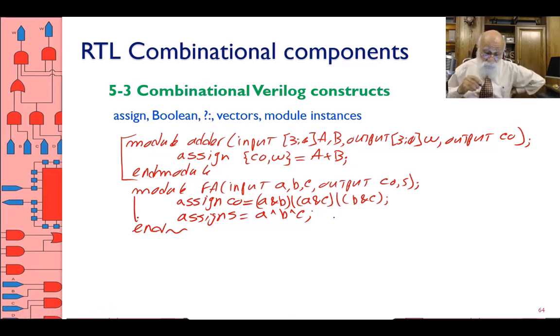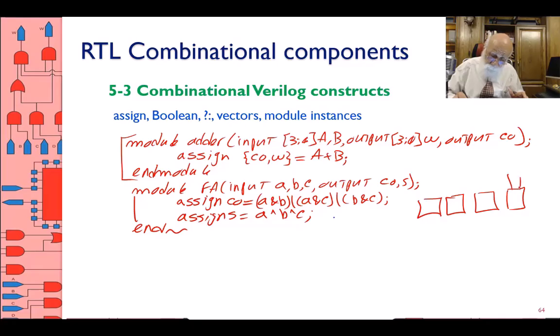I could build my 4-bit adder by putting 4 full adders together like this. A3, A0, B3, B0, and then carry these here.